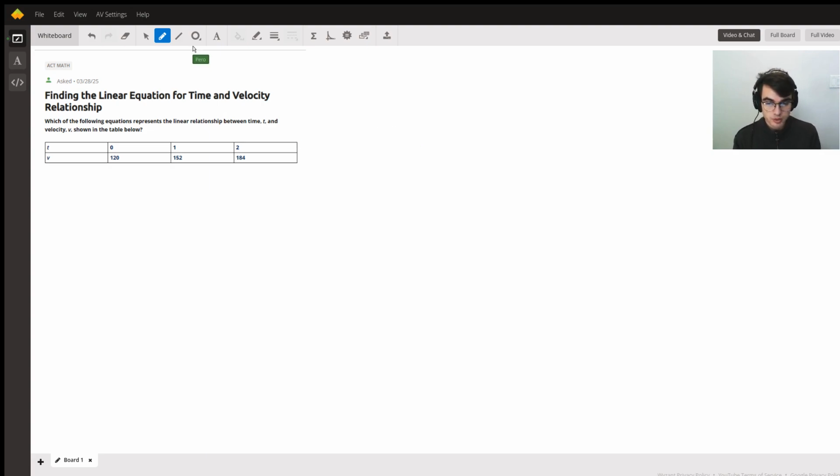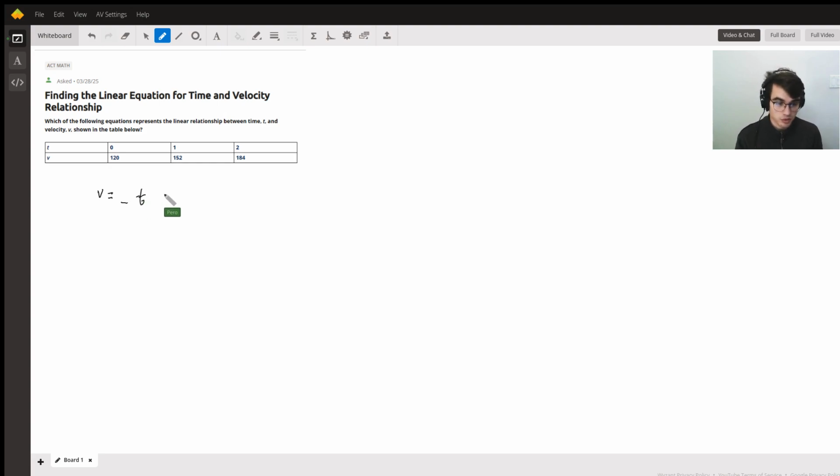First, in terms of the quick way to solve this, what we should notice is that t and v have some relationship where if t is 0, v is already 120. So if we say v is equal to some constant times t, we don't know yet whether t is going to be squared or whether the relationship is linear or exponential.